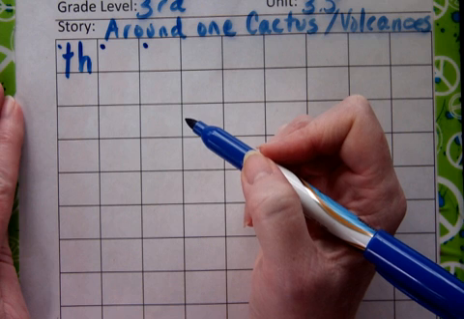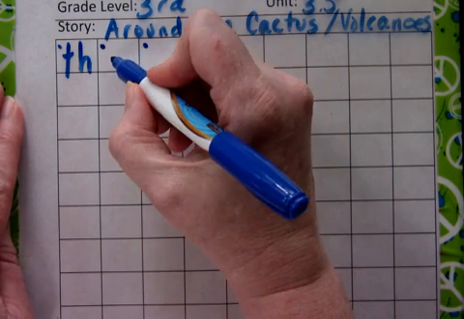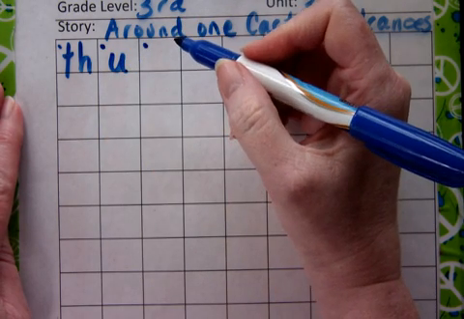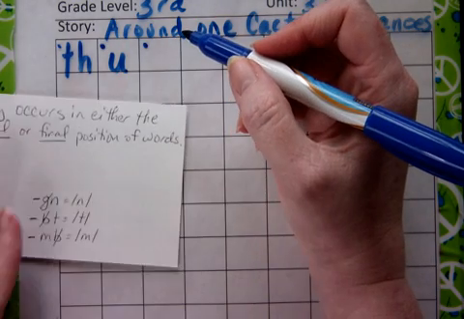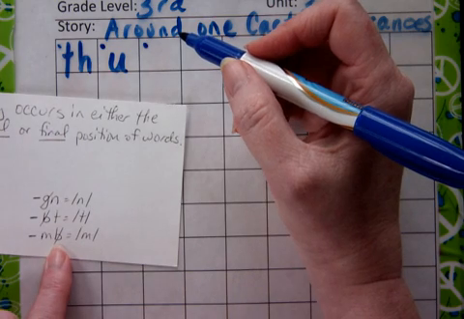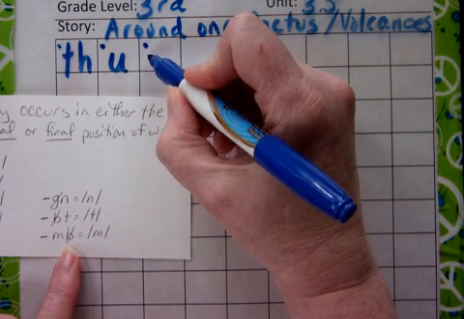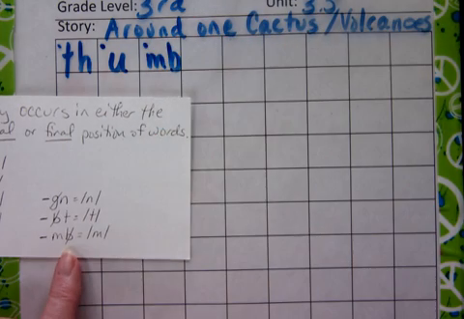Two letters that make a new sound. The next sound is the U, and in this word, MB at the end of the word represents the M sound. It makes one sound, so it goes in one box. Thumb.